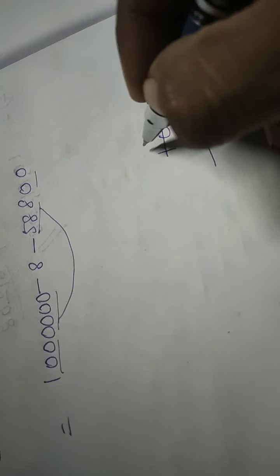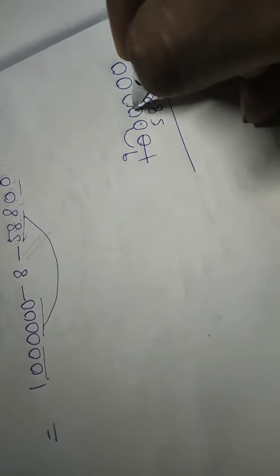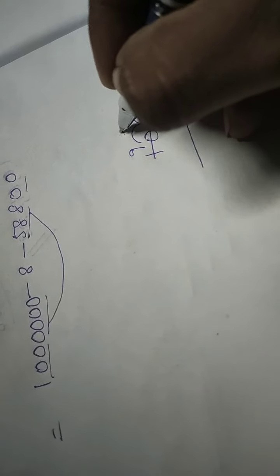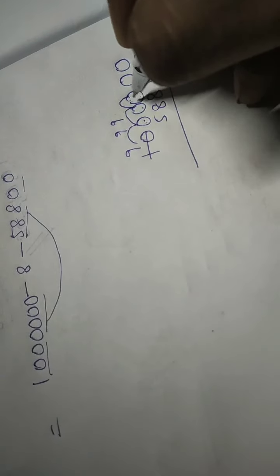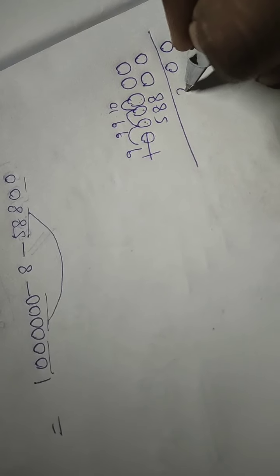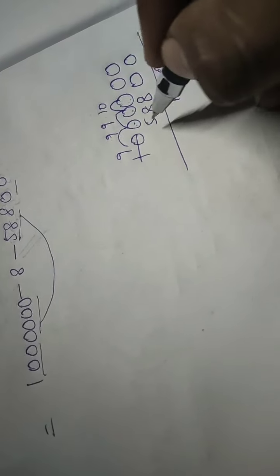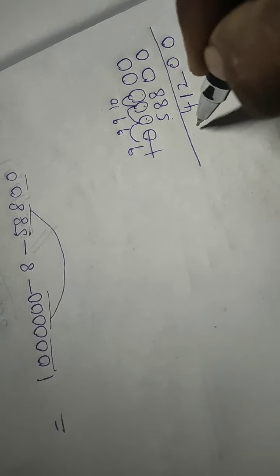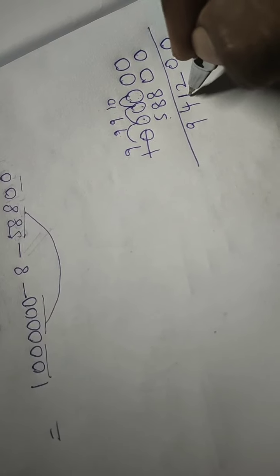So if you start taking from here, the 10 will become 9. Here we'll get 10, again we'll take borrow, so it also becomes 9. Again from here we'll take borrow, so it will become 9. At last it will become 10. So finally 10 minus 8, the answer is 2. And 9 minus 8, the answer is 1. And 9 minus 5, the answer is 4. And overall the answer is 9.